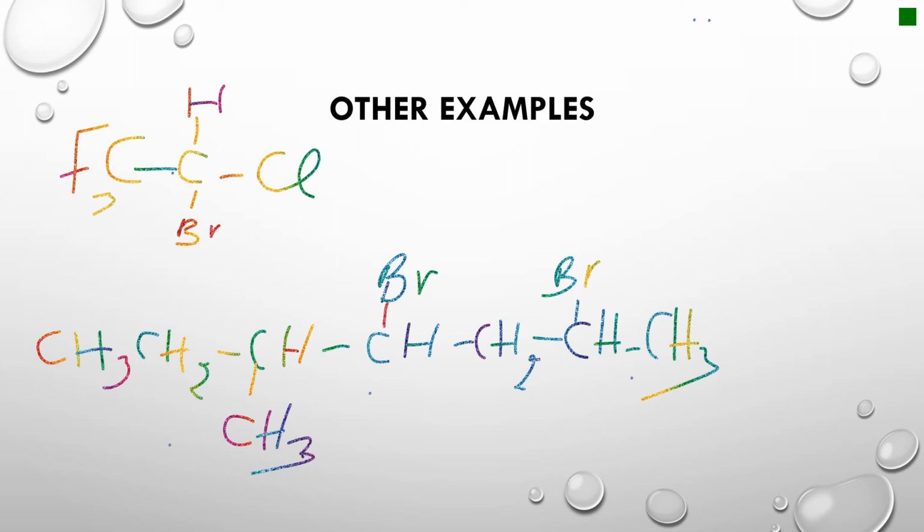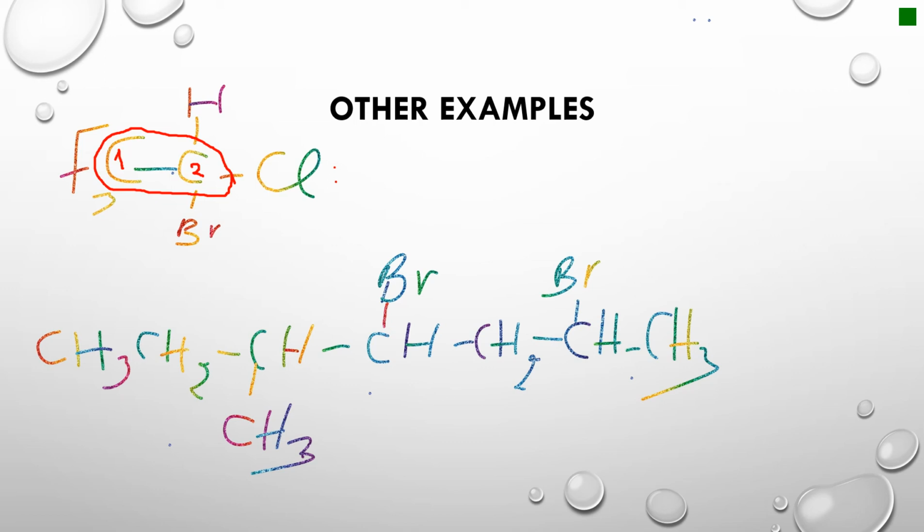Okay, now let's name the first molecule. As we saw in the previous examples, we have first to choose the parent chain. So our parent chain is composed of 2 carbons, and we number the chain from the left to the right, 1, 2.